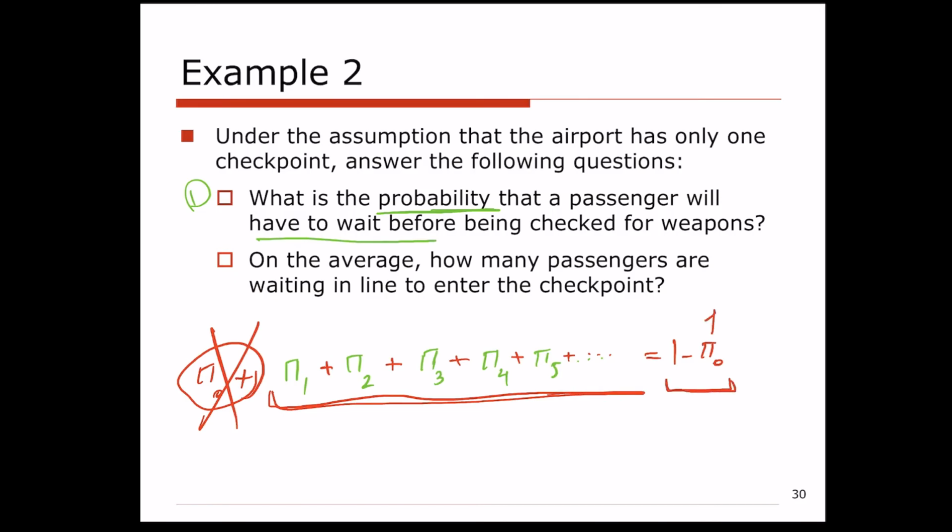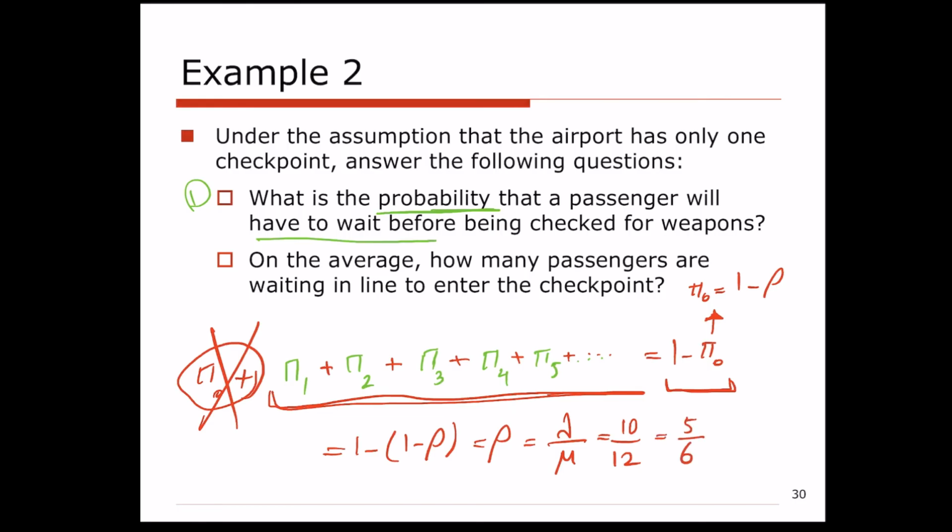And pi 0, if you remember from the formula that we calculated for an MM1 system, is 1 minus rho. And so then this sum is going to be 1 minus pi 0, which is 1 minus (1 minus rho), and it's going to be rho, and rho equals lambda over mu, where lambda is 10 and mu is 12. So this is going to be 5 over 6.